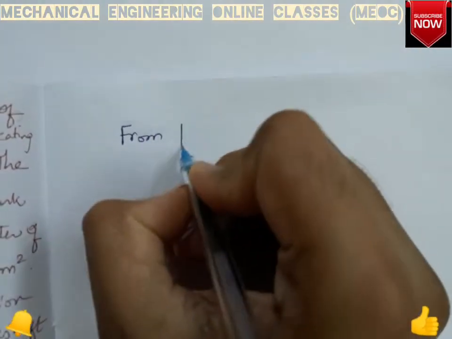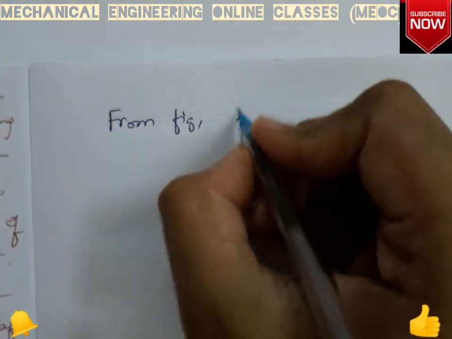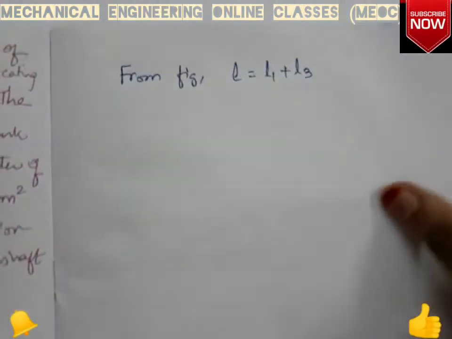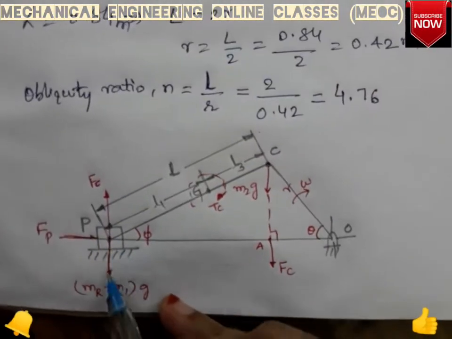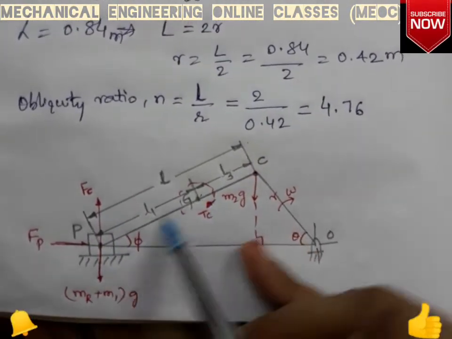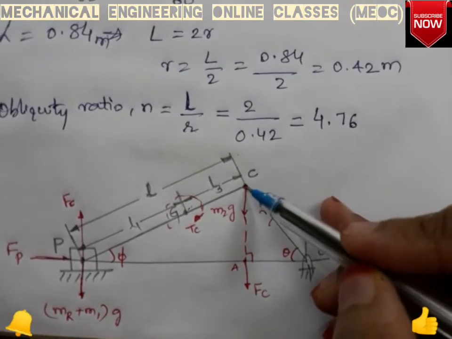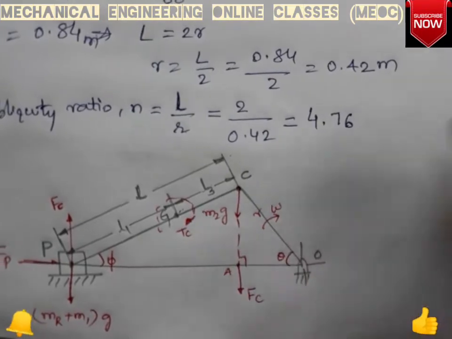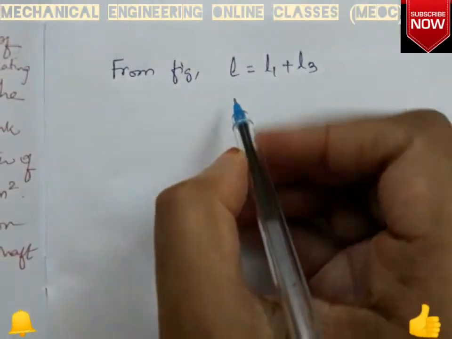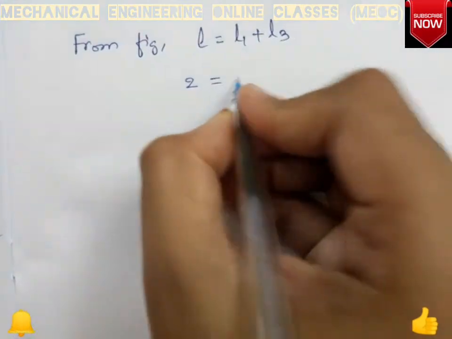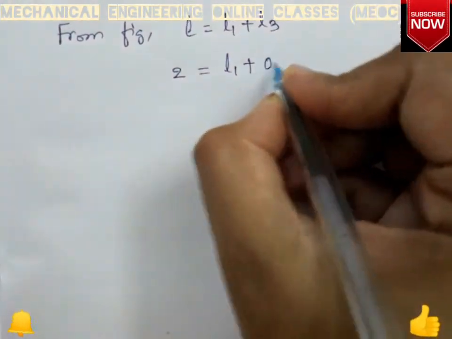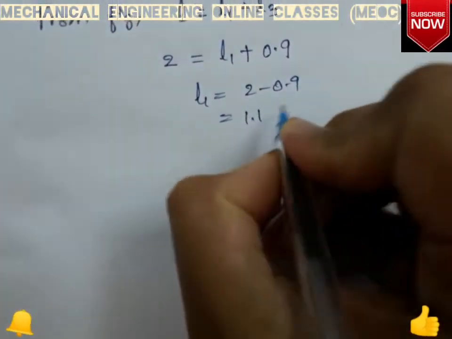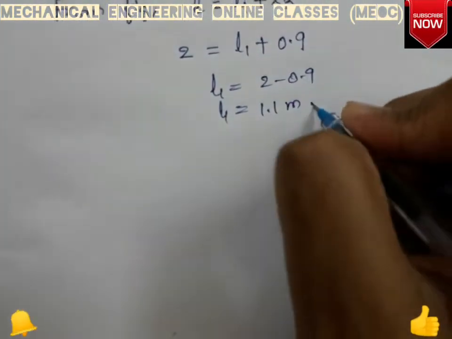So from figure we know length of connecting rod is equal to distance of M1 weight to center of gravity along the connecting rod, and the distance of M2 weight, which is acting here, to G along the connecting rod. So since L is given as 2 meter, L1 is not given, L3 is given as 0.9, we know that L1 is equal to 2 minus 0.9, which is nothing but 1.1 meter. So L1 is obtained by us.